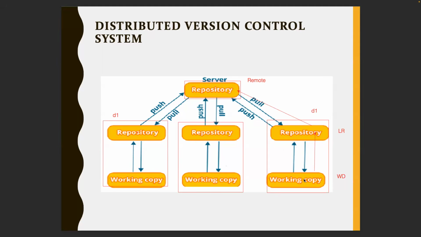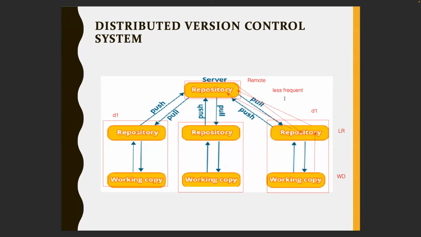Also, here a network connection is needed only to push or pull. Only once their changes are ready to move to remote, or to get a copy from remote, they may use it. So connections with the remote repository are less frequent.